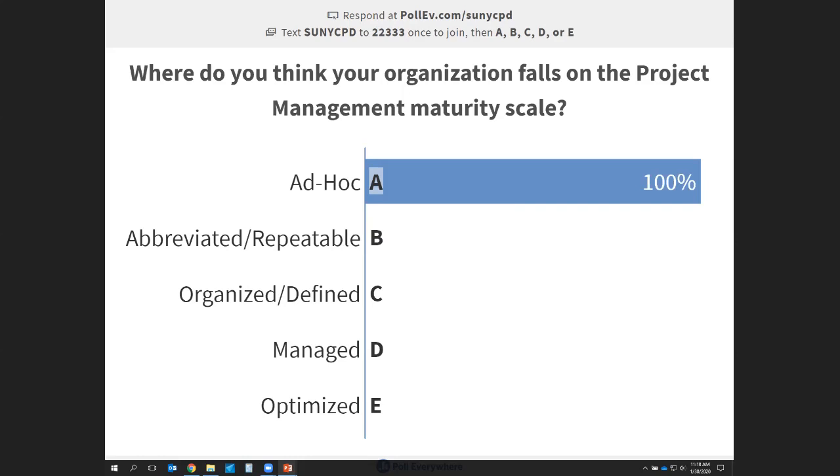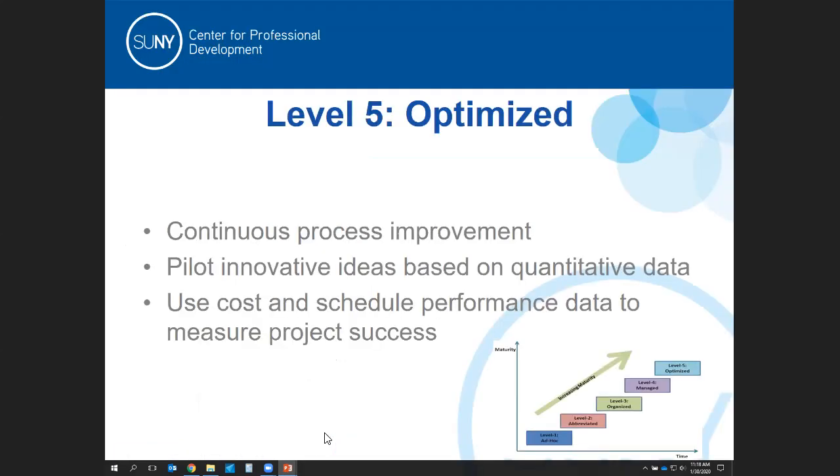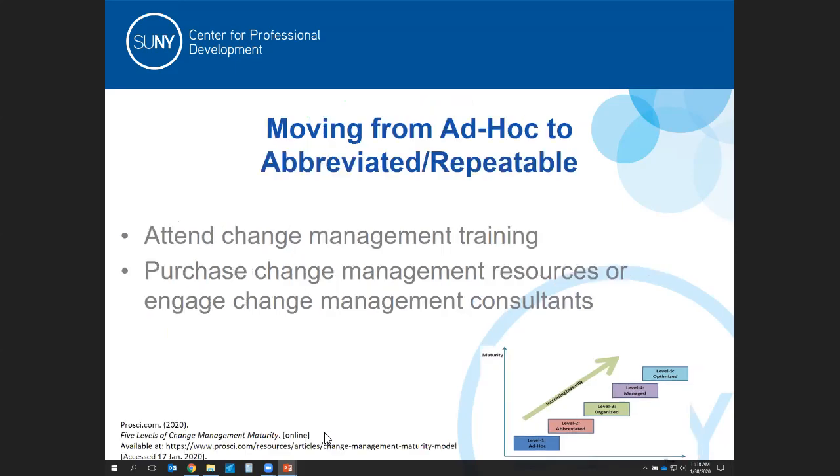And Kris, correct me if I'm wrong, I think we had 2 and 3 pretty well represented. All right, so let's move on then to how do you get from the starting phase of level 1 ad hoc? What are some of the things you can do to start maturing up the ladder?